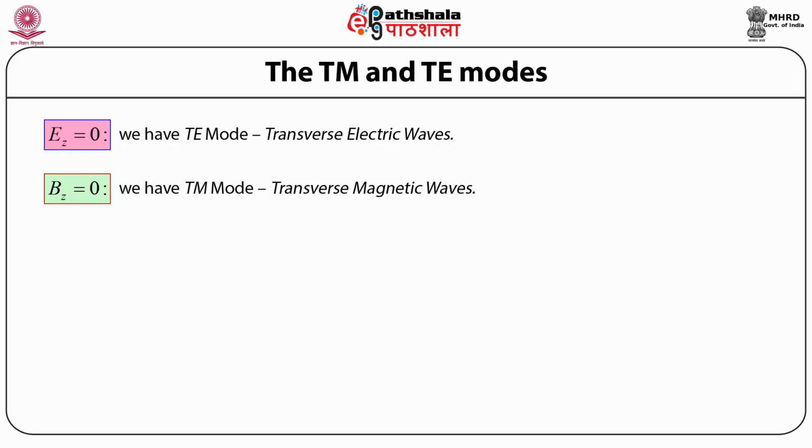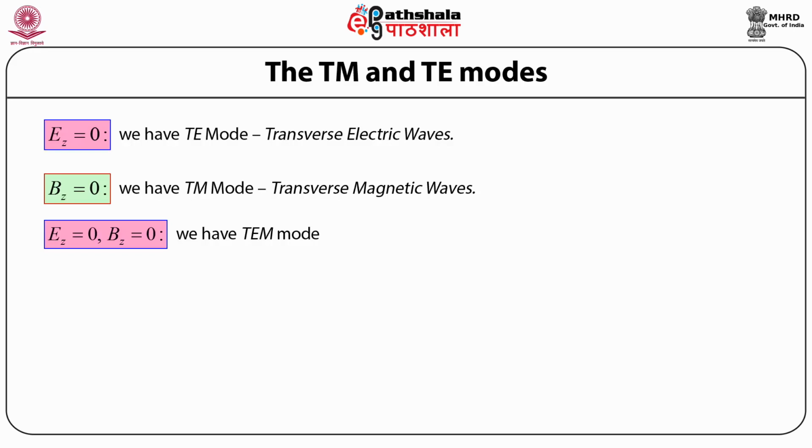While if the longitudinal components of the electric field as well as the magnetic field induction vector both go to 0, that is Ez also goes to 0 and Bz also goes to 0, then we have the transverse electric magnetic waves or the TEM waves.